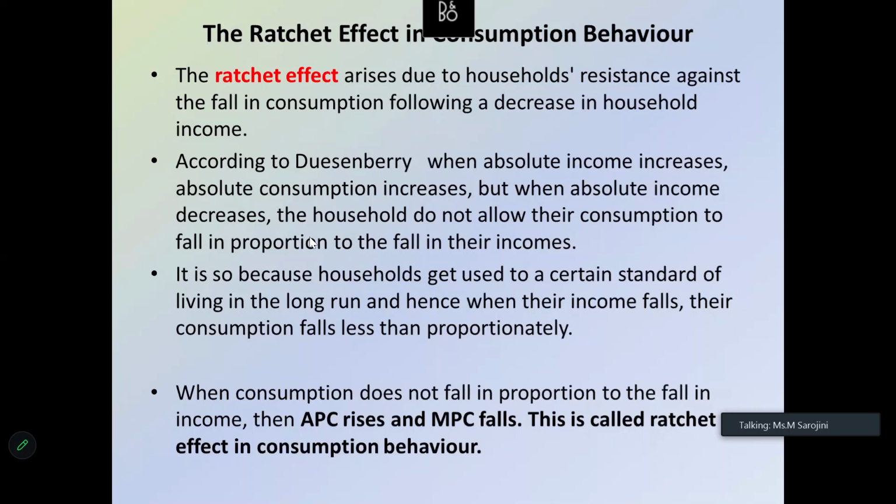On the other hand, when absolute income decreases, consumption also decreases. But under the relative income hypothesis, once the relative income decreases, they never decrease their consumption. That is called the demonstration effect as well as the ratchet effect. Right? In the next class, we will learn the ratchet effect very deeply with examples and diagrams as well. Right?